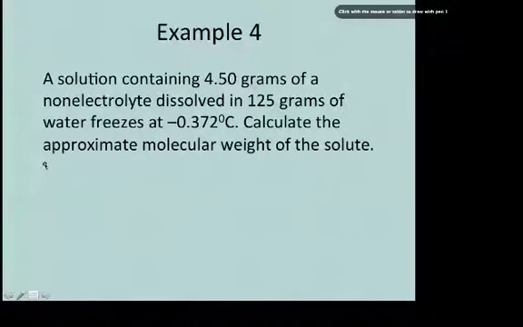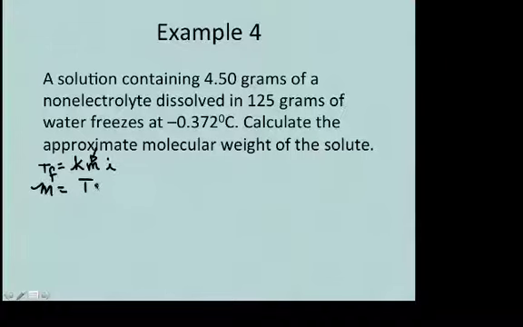So here we go. I'm going to use my freezing point change to get to moles, because I know it's the constant times the molality times the Van 't Hoff factor. And I know all of these except for molality. So let's solve for molality. That's going to be my change in freezing point divided by the freezing point constant times my Van 't Hoff factor, which is just 1.